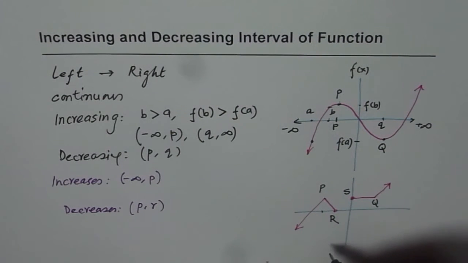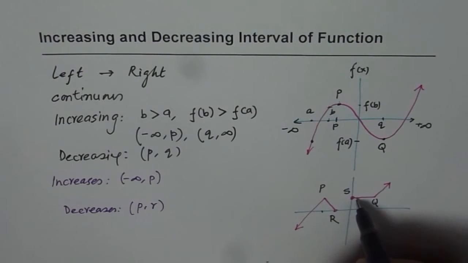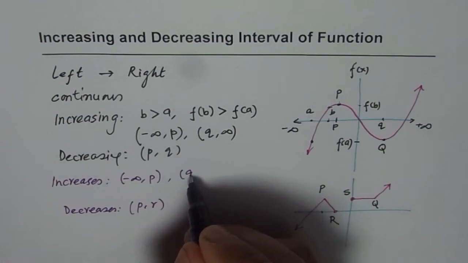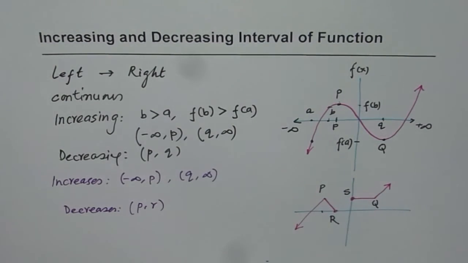And then there is a discontinuity. From s to q, it is a horizontal line. It is neither increasing nor decreasing, right? So that is not within our increasing and decreasing interval. It is constant from s to q. However, after q, the function is increasing. So the increasing interval is also from q to infinity, right? So that is how we can find increasing and decreasing intervals for any given function.